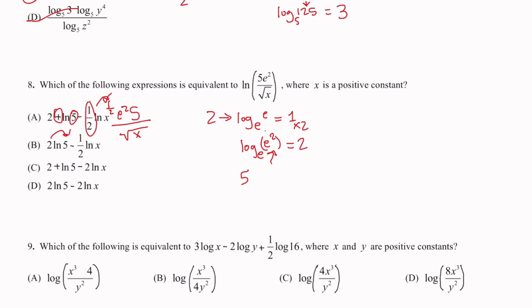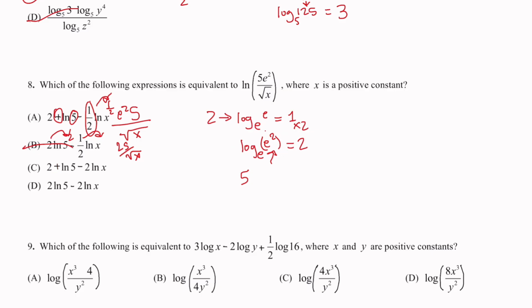Okay, so for B, that's 2, and so that gives us 25 divided by square root of x. That's wrong. There's no e in the equation. So cross off B. We have 2 right there, so we know 2 is equal to this.